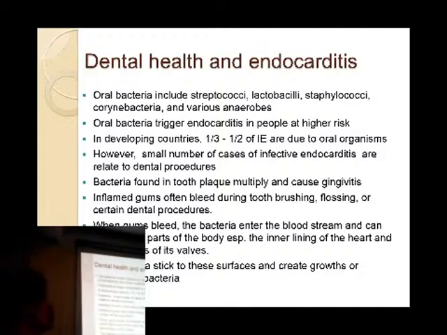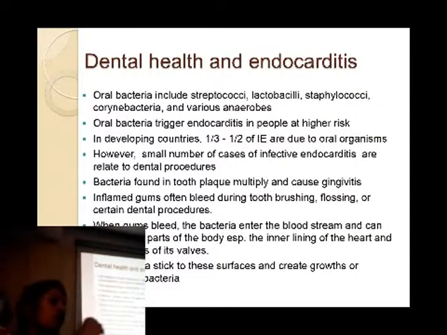Now, if someone is having a high risk or abnormal endocardium due to a lesion like a valvular lesion or some prosthetic material attached to the surface of the endocardium, these bacteria go and lodge on those sites.